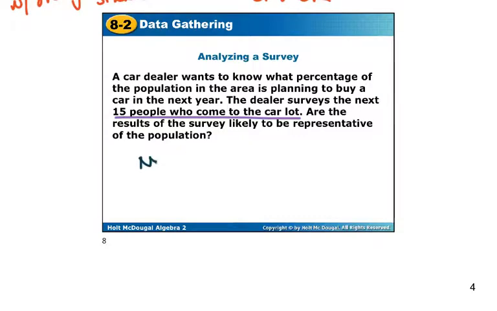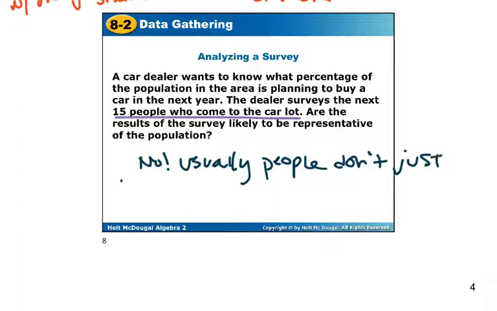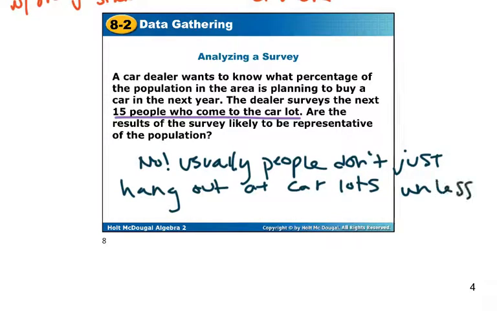And I would definitely say no. Maybe there's a way you can spin it to yes, but I'm going to just go with no. Because usually people don't just hang out at car lots unless they're thinking of buying.